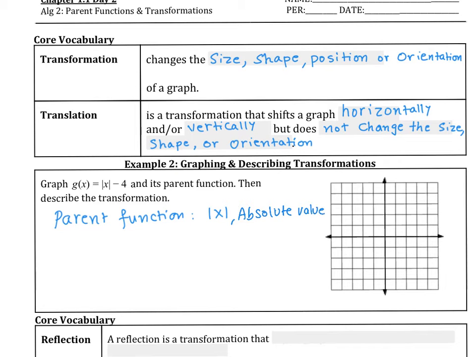That's the parent function. We are going to graph two functions. One is the parent function and the other one is the g(x) function, that is absolute value of x minus 4.